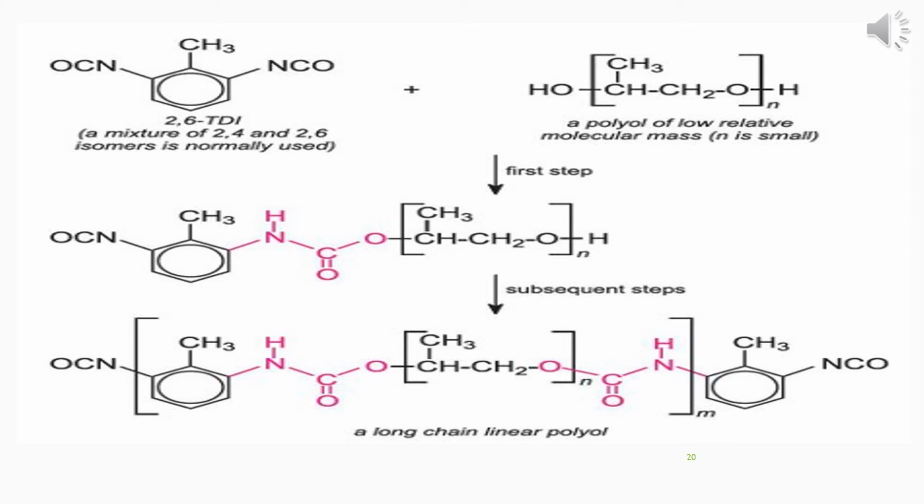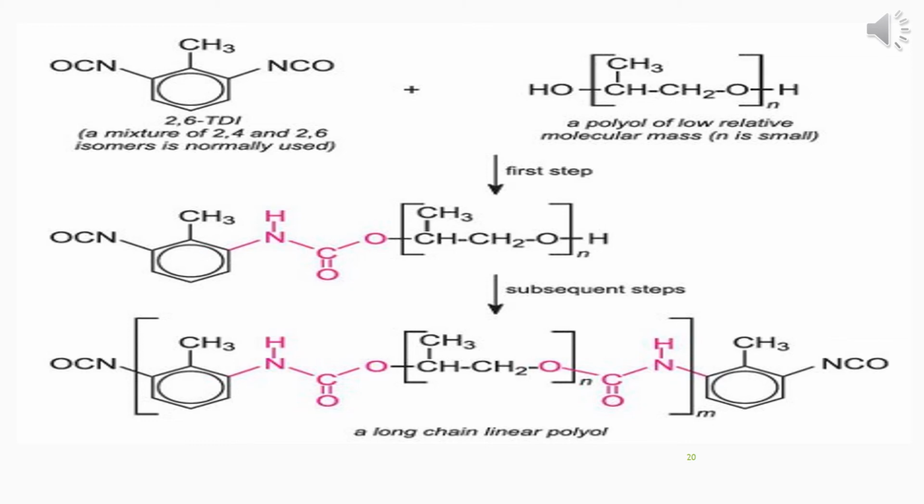The monomer here is CH3CH2O with n over here. It means this can be a single CH3CH2O unit, or this unit can be there once, twice or thrice, but a polyol of very low relative mass will have n very small over here.